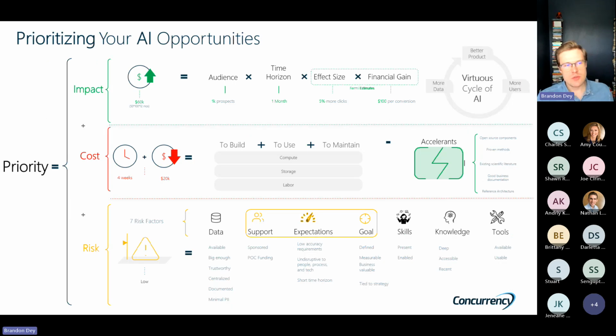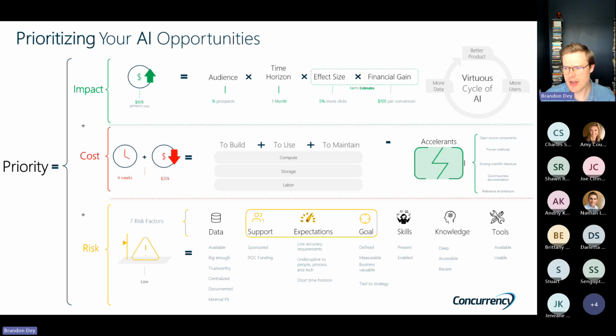All right, but once you have that sense, you still have to take stock of all the opportunities to apply AI. And then you've got this big pile of things. How do you go about prioritizing them? We have a pretty particular way of going about this. It's really the combination of its expected impact, its cost, and the risk of activating the impact and minimizing the cost.